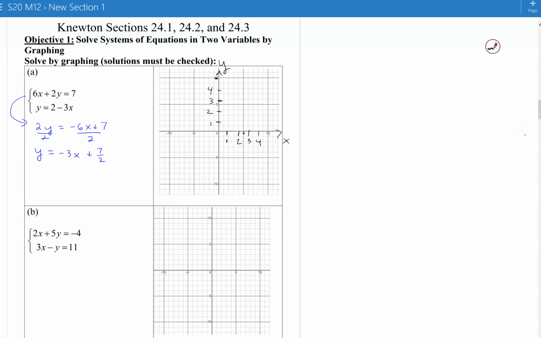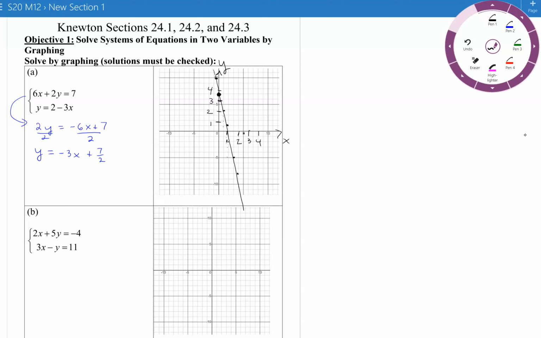So 7/2 is 3.5. So I go up to 3.5, make a dot, and then my slope is -3. So down 3/1, down 3/1. As long as the scale on the x and y is the same, you could just count boxes for your slope. So here's my first line.